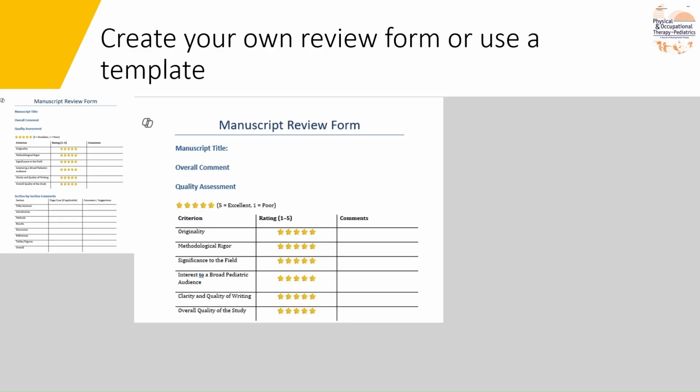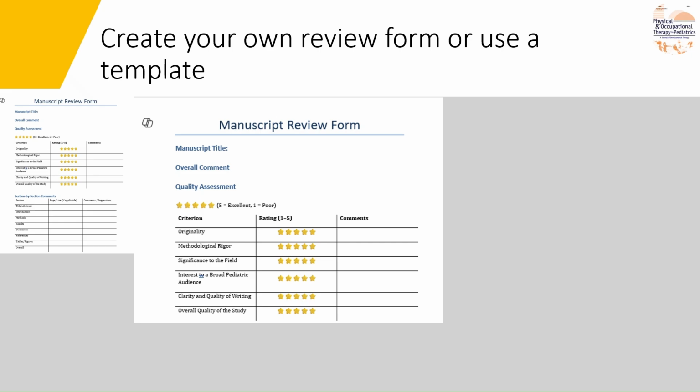And then I will do a quality assessment using a star system ranging from 1 to 5, 1 star for poor quality versus 5 star for excellent quality. I would rate the manuscript based on originality, methodological rigor, significance to the field, interest to a broader audience, clarity and quality of writing, as well as overall quality of the study.